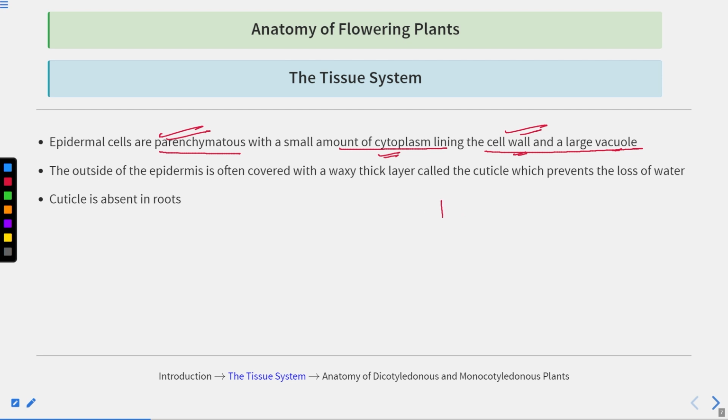If I draw the structure of an epidermal cell, it is somewhat like this. This is the cell wall, and this is the plasma membrane.